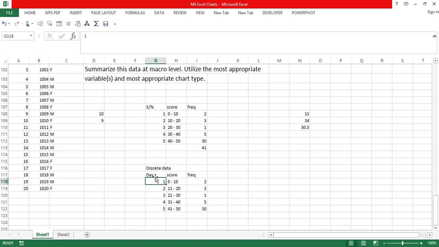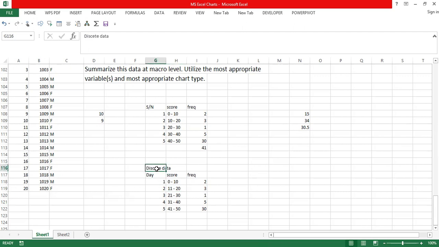Are we on the same page? So in that case, you can never have 30.5 persons. Can you have 30.5 persons? No. That's discrete data. Either you are talking of 2 persons, 3 persons, 21 people, 22 people. You cannot have 30.5 people.